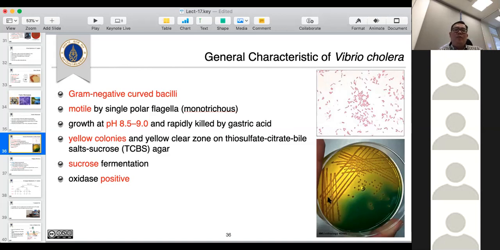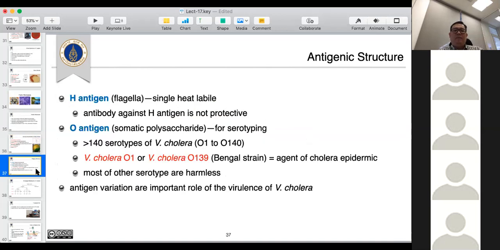That's Vibrio cholerae. They possess H antigen of the flagella and O antigen, the somatic polysaccharide. Vibrio cholerae can also have antigenic variation because they change the antigen itself to escape the immune response.